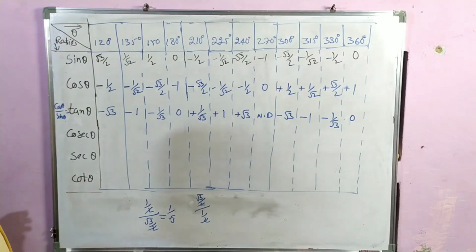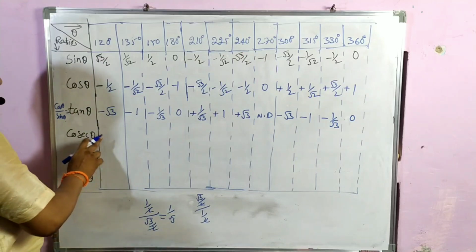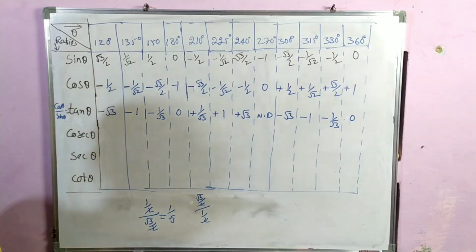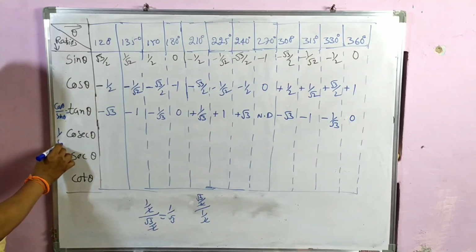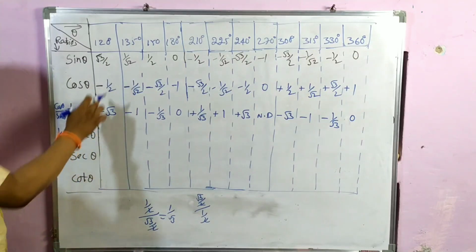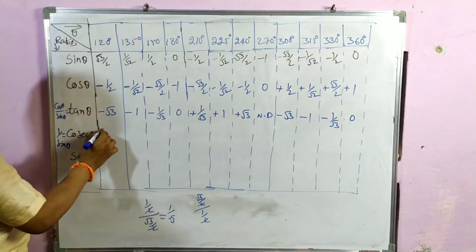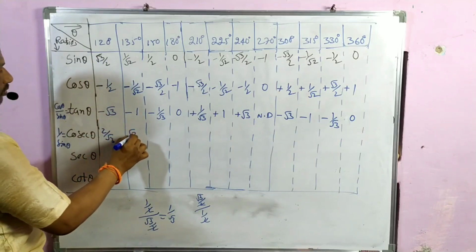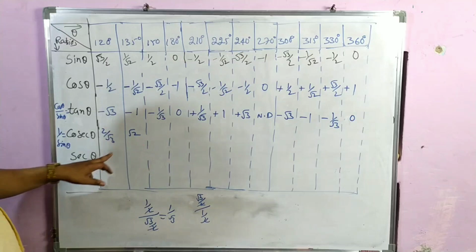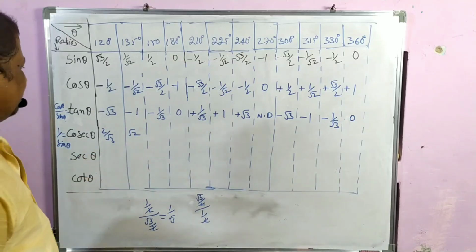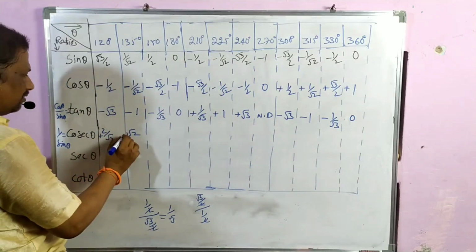Okay. Next, coming to the next one. Cosecant theta. Cosecant theta means it is the reciprocal of sin theta. So take the reciprocal of this value, right? 2 by root 3 or root 2. So it is in the second quadrant, where cosecant is there, so all will become plus.